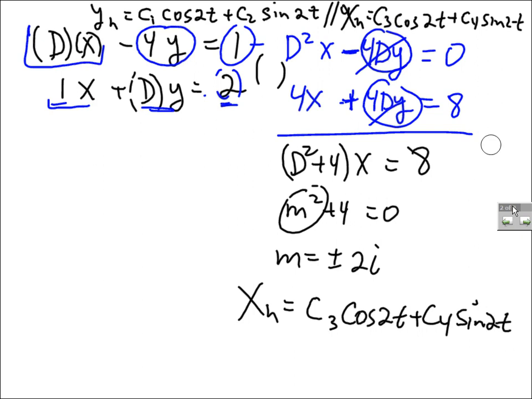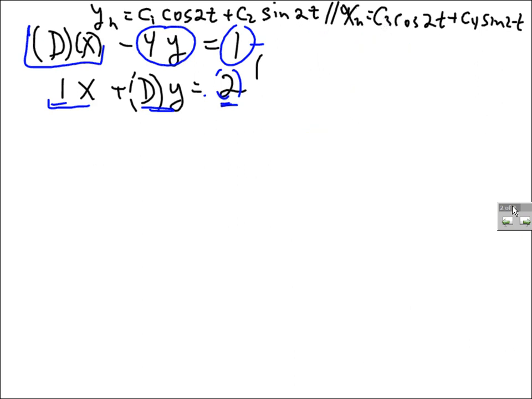Now we want to come up with a particular solution. If you look at the right-hand side, you just have 1 and 2.